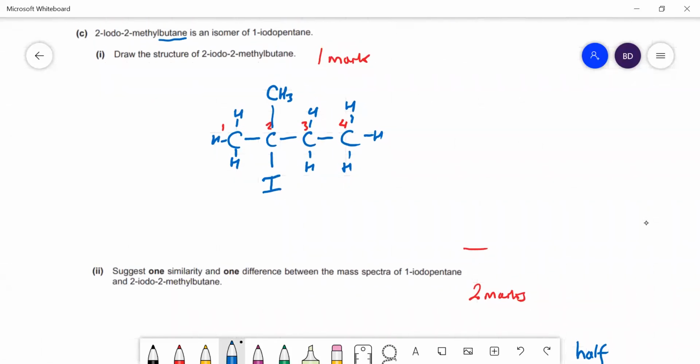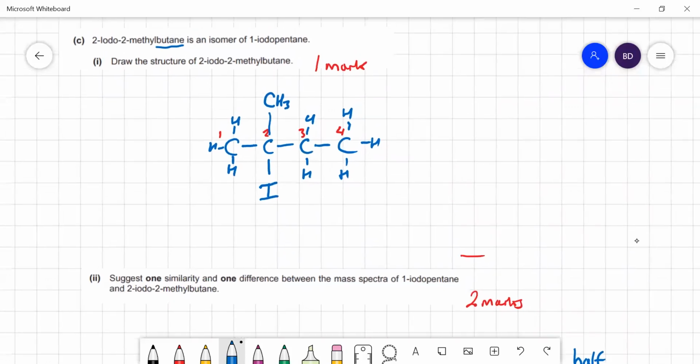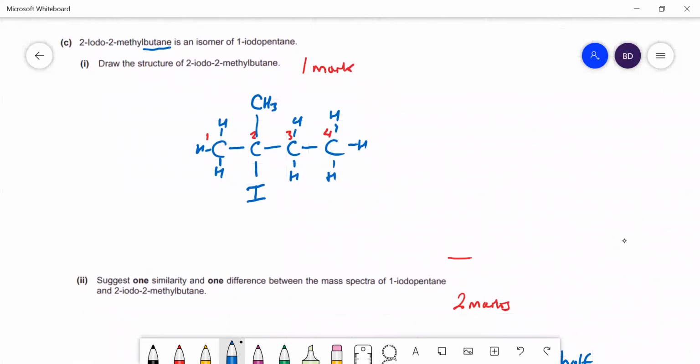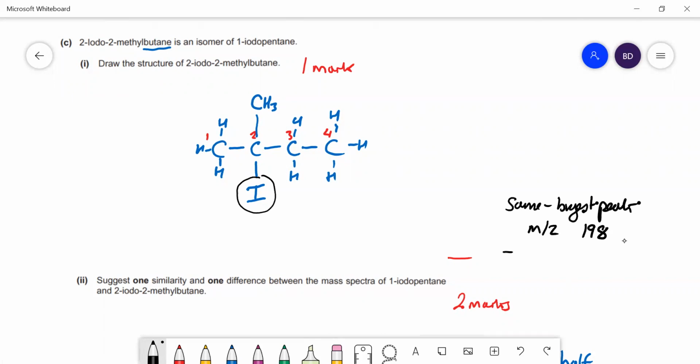Okay, one similarity and one difference between the mass spectra of 1 iodopentane and its isomer. So the similarities: look at the isomers. The parent ion, the biggest peak in both of them, is going to have an MZ of 198, because that's the MR of both of those. So that's one similarity. You only need to give one, but here's another similarity.